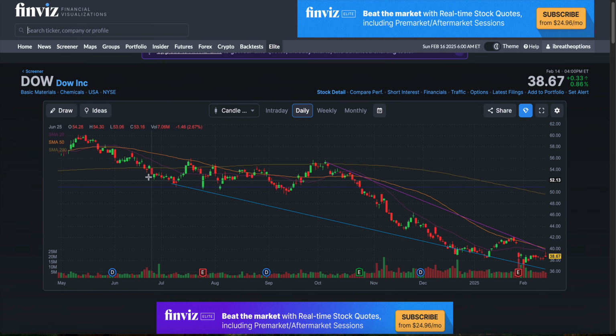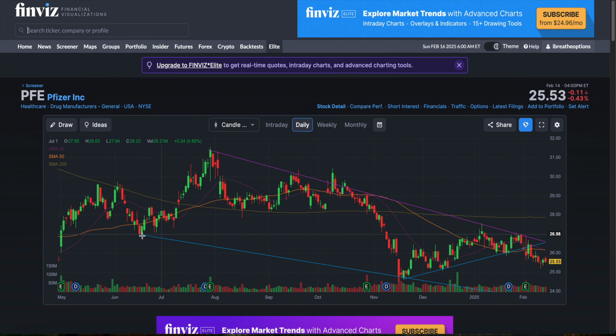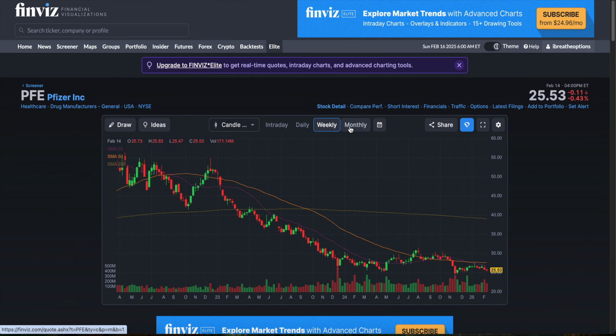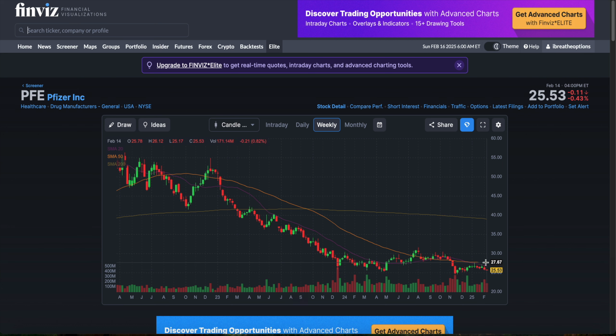So Dow is on a downward trend, so I probably wouldn't touch this stock. Pfizer, okay, up and down. And if I look at the weekly and monthly, there are ups and downs. So I think it looks like a consolidating period, and the dividend yield is quite high, and it's in drug manufacturers, probably healthcare.